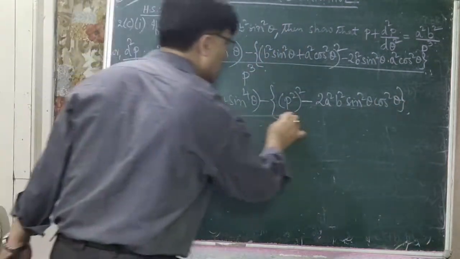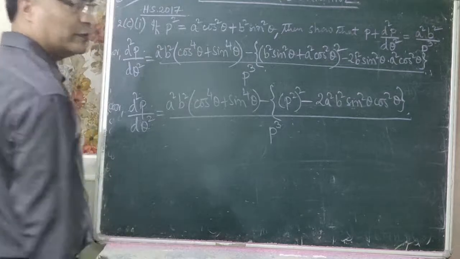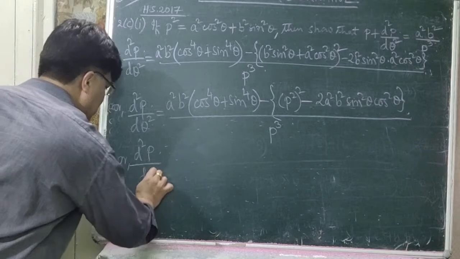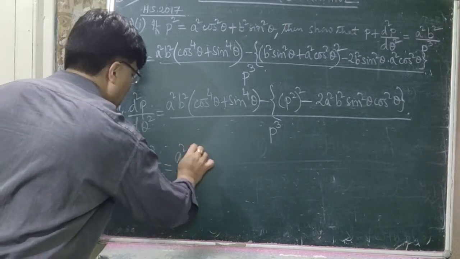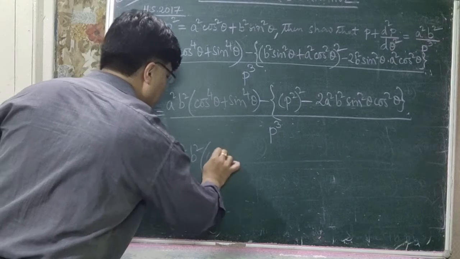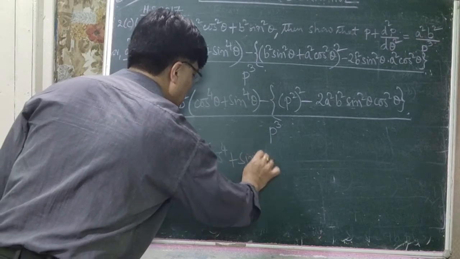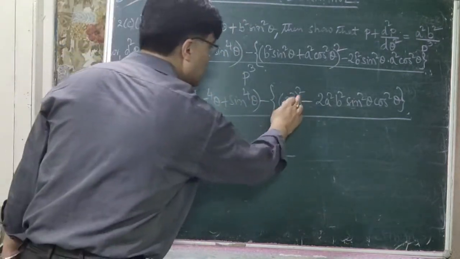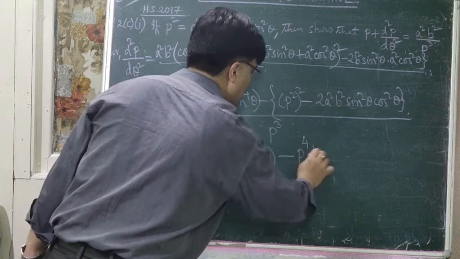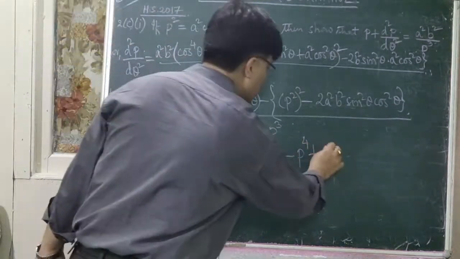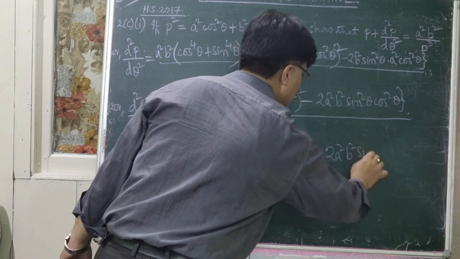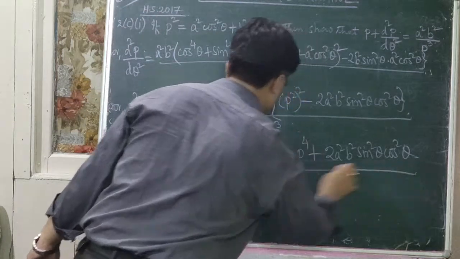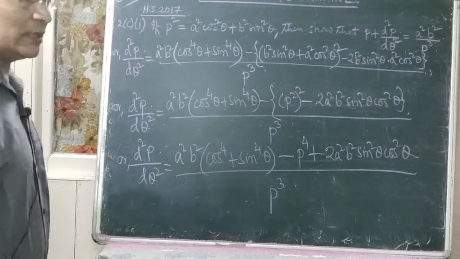Second bracket is closed, whole divided by p³. Is that clear? Next, d²p by dθ² is equal to, now it is kept as it is, a²b² within the bracket cos⁴θ plus sin⁴θ. So multiply by the minus sign here, minus (p²)² is p⁴, minus into minus is plus. Then 2a²b² sin²θ cos²θ, this whole divided by p³.